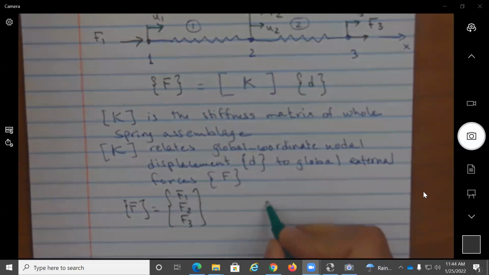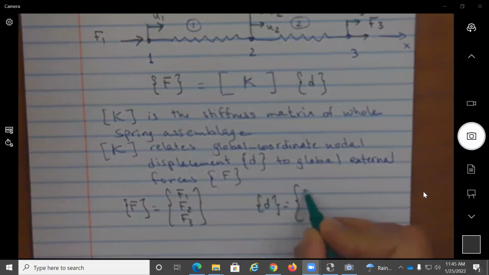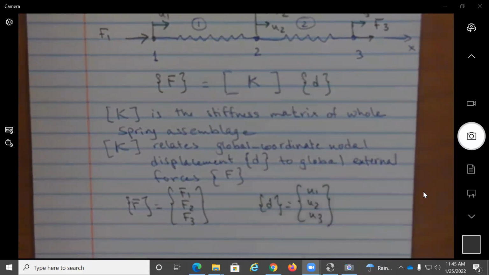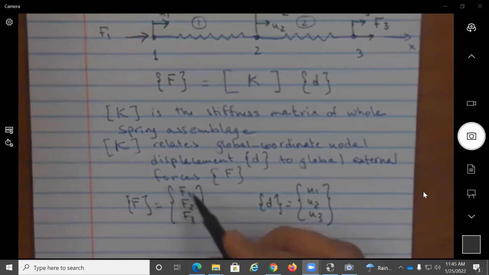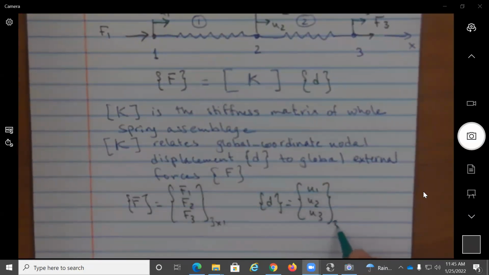And D is equal to U1, U2, and U3. So as you can see, this is a 3 by 1. This is a 3 by 1. So we expect K to be a 3 by 3.